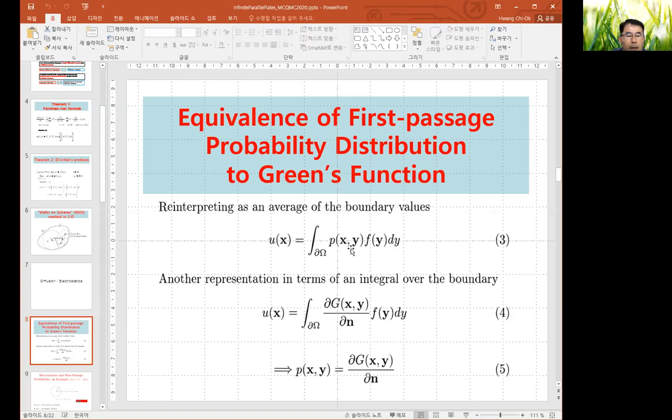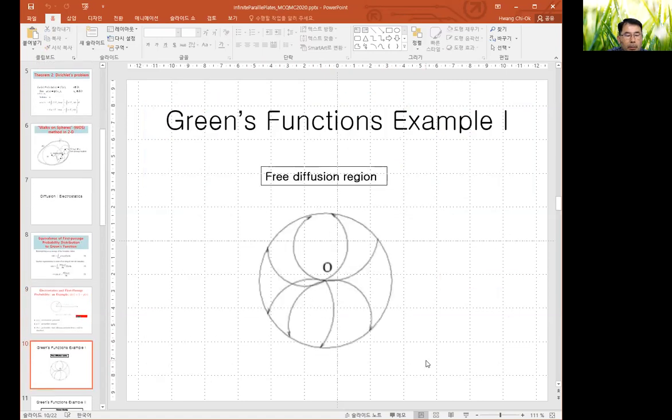The diffusion process starts at the point x and hits the boundary point y. There's another representation in electrostatics in terms of an integral over the boundary. Right here, the solution inside the domain is this, and the corresponding P of the first passage probability distribution corresponds to the surface Green function in the electrostatic problem.